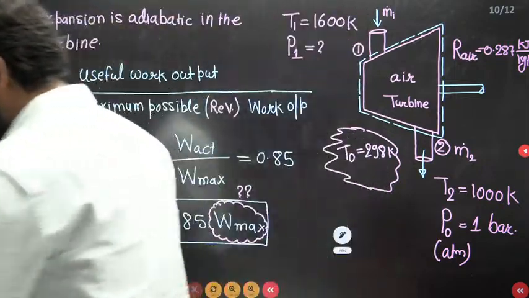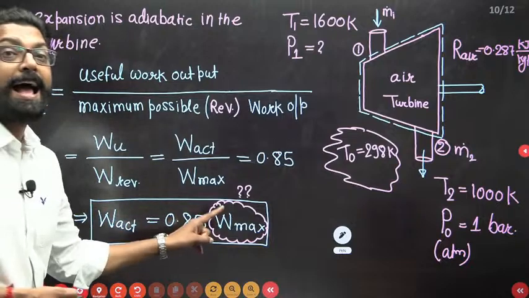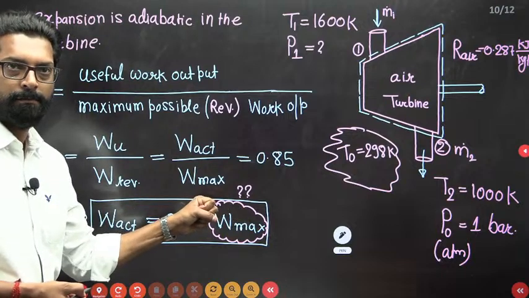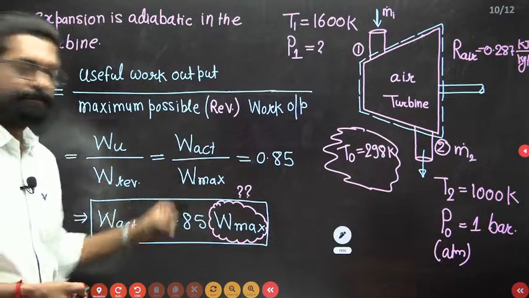We have to find, that means this is what? This is your exergy, that means maximum work obtainable. That is your exergy.